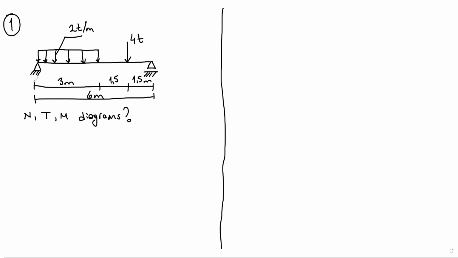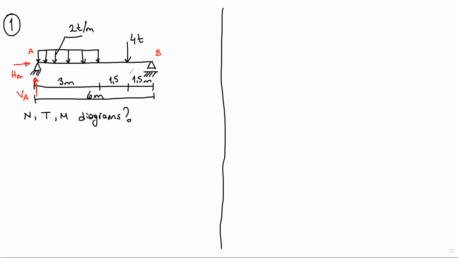So we have a pin support here. Let's say this is point A. This is point B. We have here a vertical A, vertical support reaction. Also, since this is a pin support, there is a horizontal support reaction.